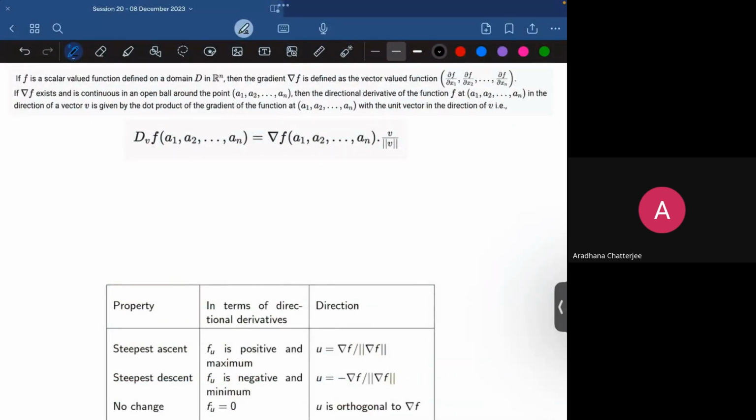All right. So first of all, we saw gradients last week, right? So grad f is defined as a vector valued function, and it is basically a vector that contains the partial derivatives of some function f with respect to each of the variables that we have.